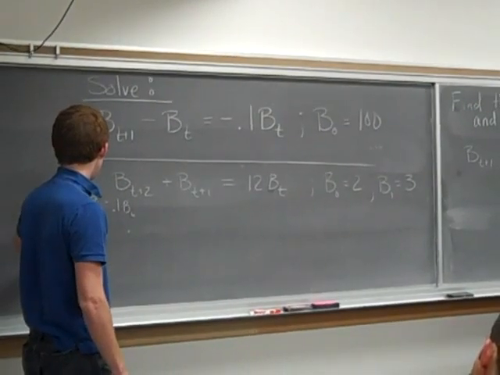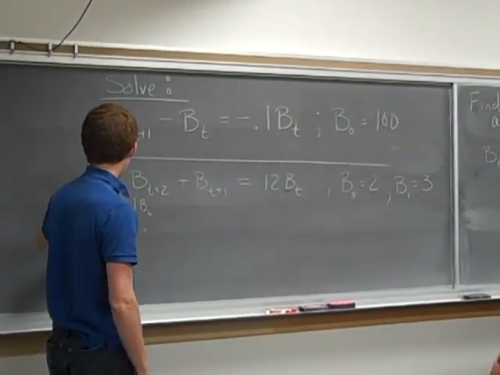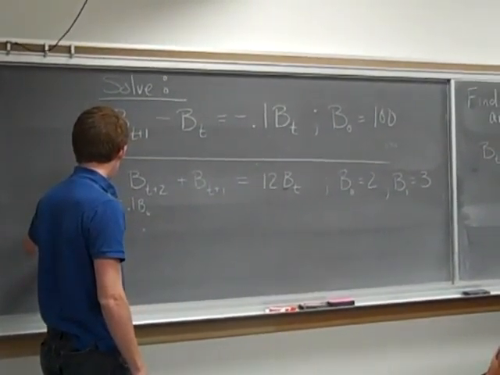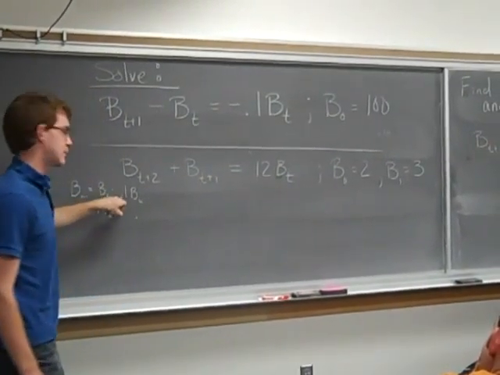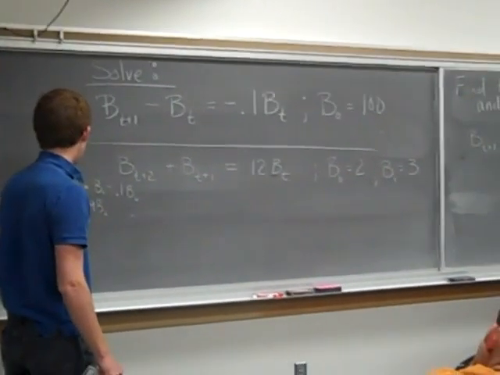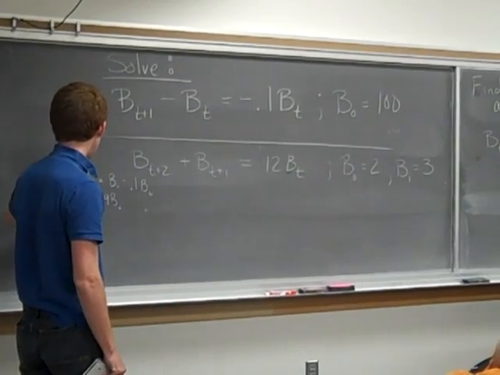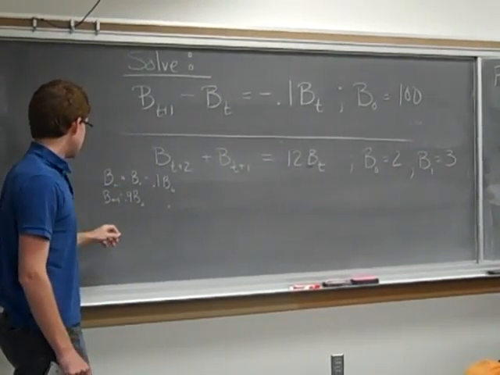Can everybody read that? I tend to write really small sometimes. And then you get b sub t times 0.9, which is 1 minus 0.1. And that equals b sub t plus 1.